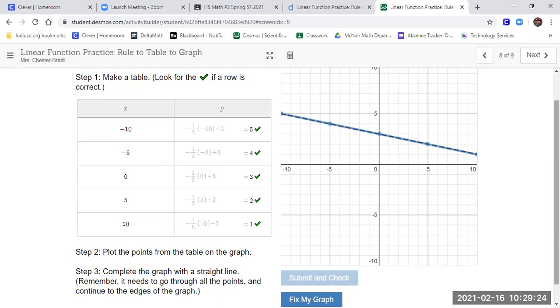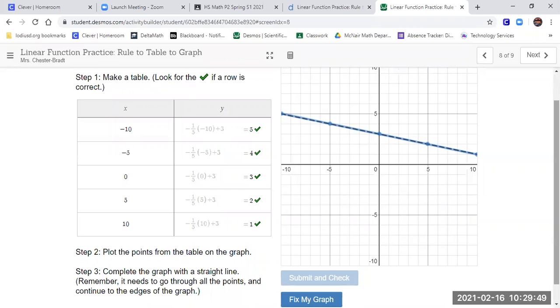Any questions about that? Why did they pick 5s again?